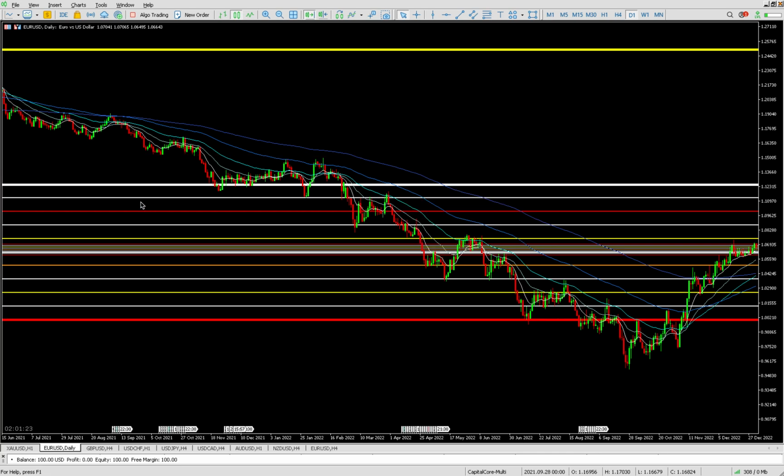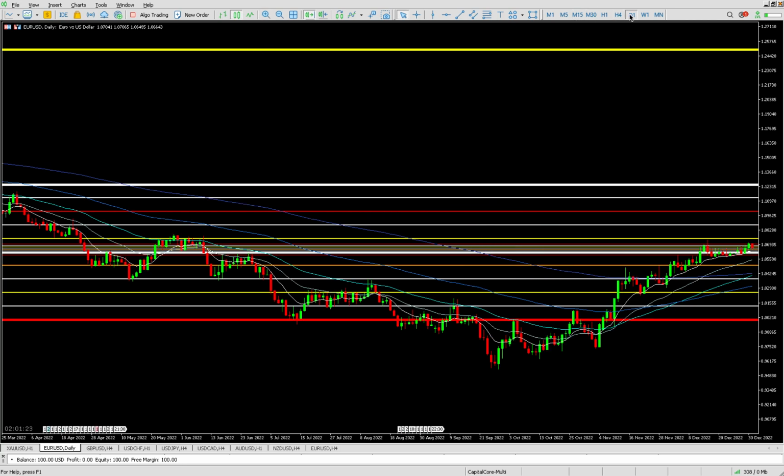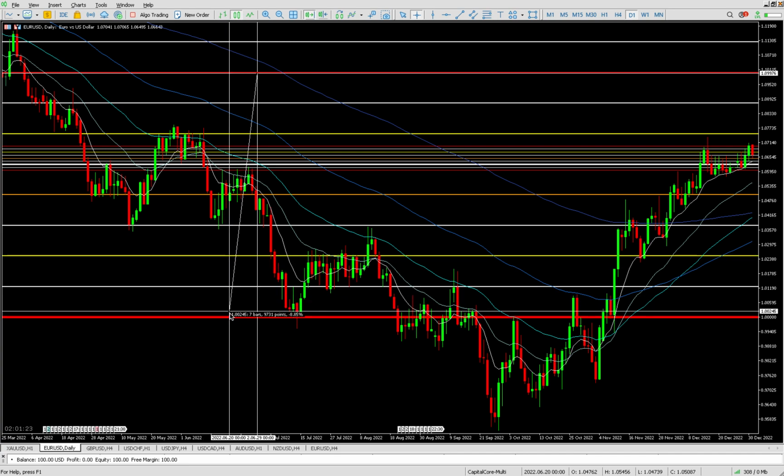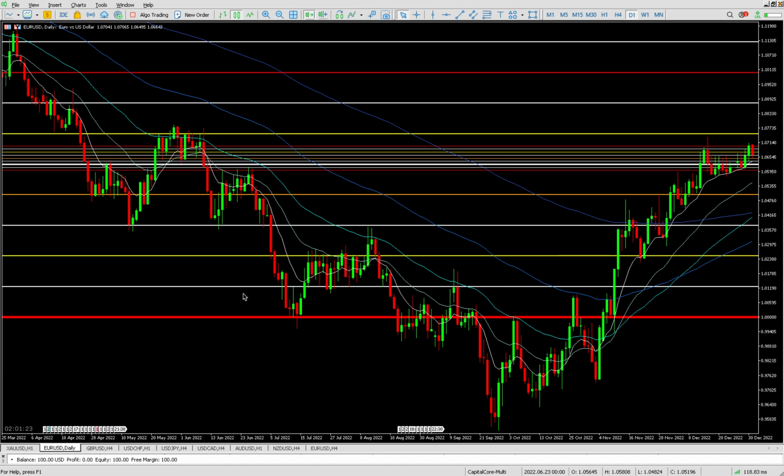So that's how you do that. Anyway, this is the 10,000 point medium quarters theory level, and you just divide that in half.